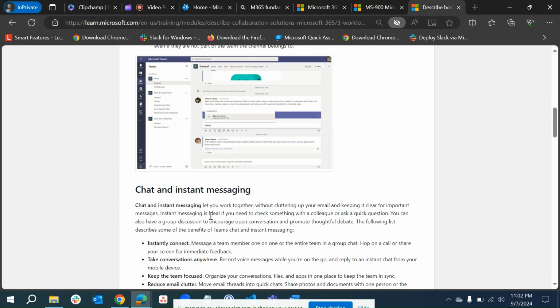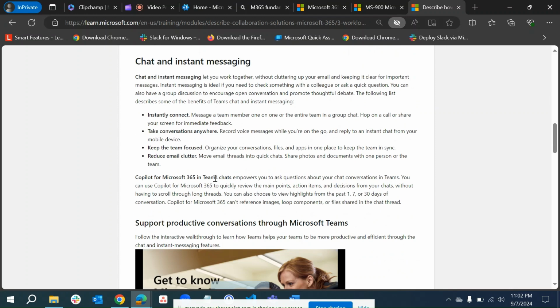Chat and instant messaging is a focused place to chat and communicate, be it one-on-one or group chat, and people would be doing chats, conversations, file sharing, app sharing, and sharing different things, right? So that is very helpful and a great communication tool too.